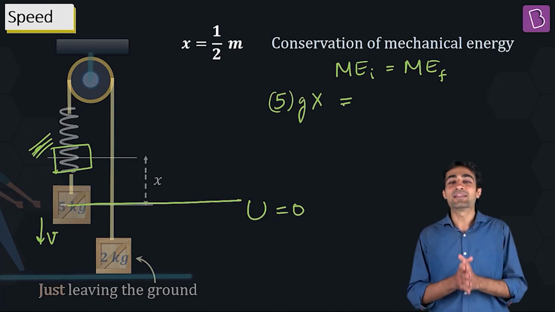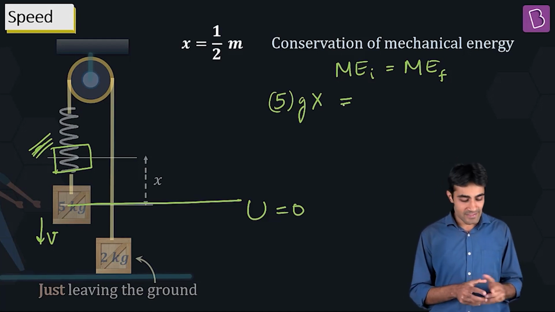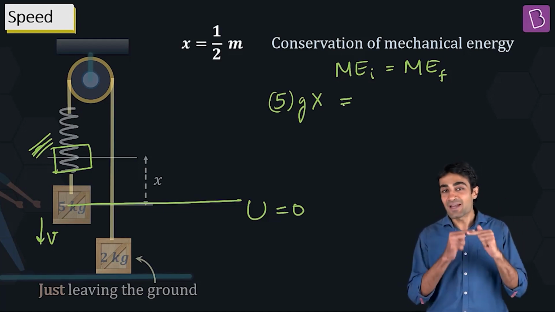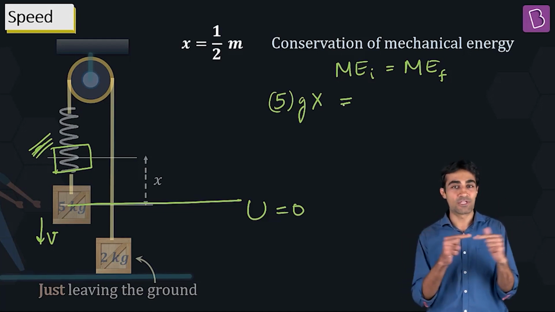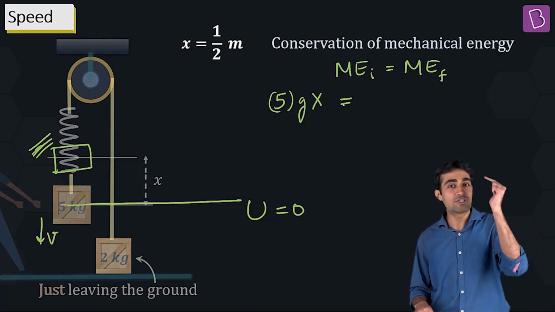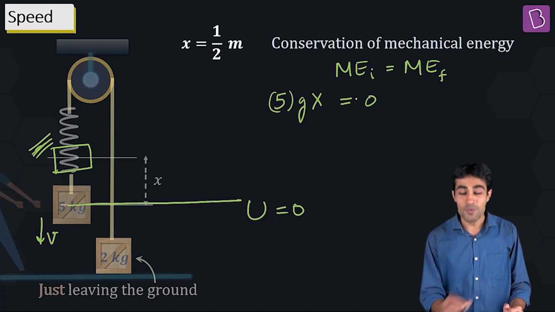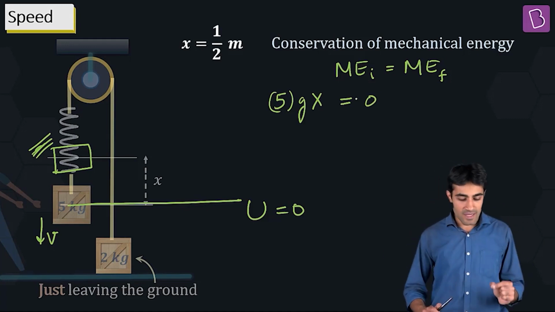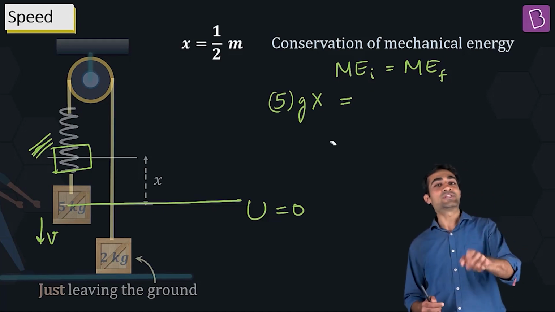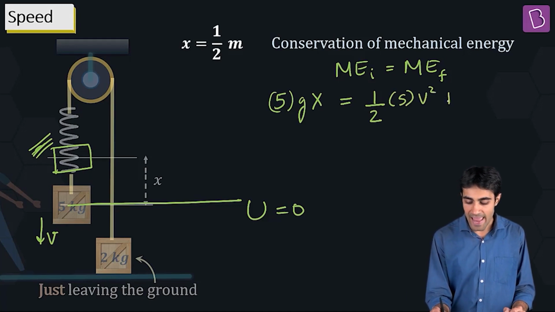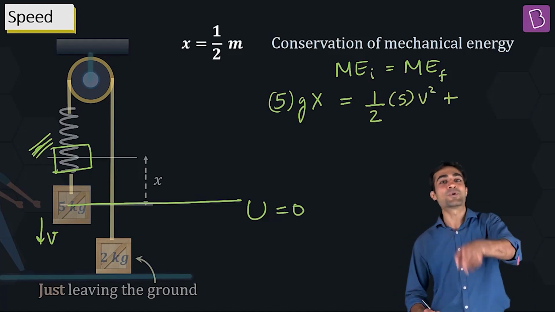Now let's see finally what happens. Finally, this 5 kg block comes down and it comes to a level at which we are defining the gravitational potential energy to be 0. So finally, the gravitational potential energy at this particular point is 0, right? Right. So we have the total mechanical energy in the form of kinetic energy of this block, which is half mv square, and the spring potential energy.